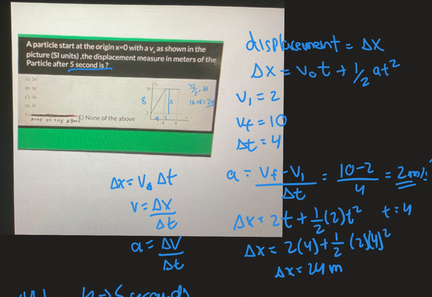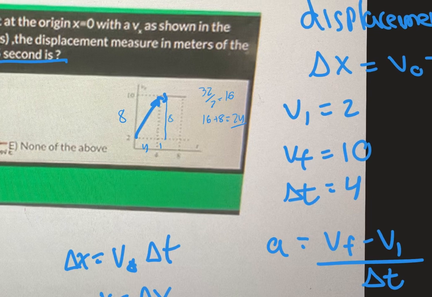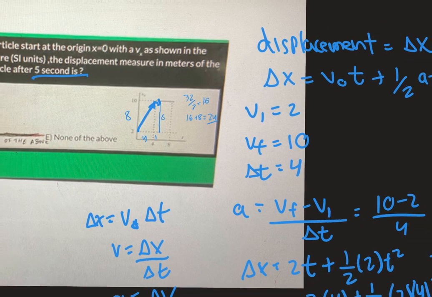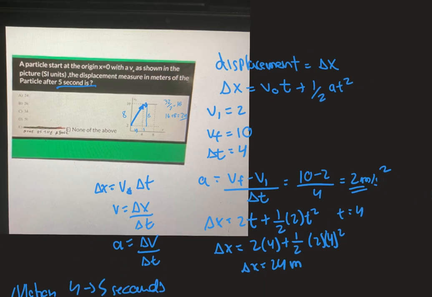So we have velocity that changes at a constant rate, which is motion with constant acceleration here. And then from here to here, we have a motion with constant velocity. So we're basically adding the calculations from one type to the calculations of another type.